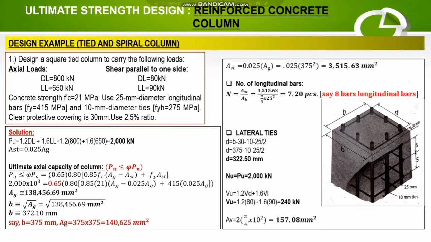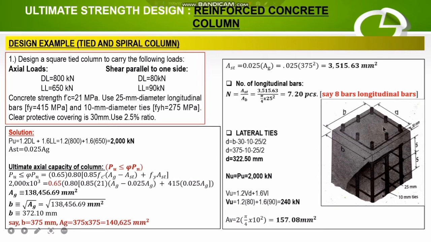Then the AV, or the area of the cross ties along the column cross-sectional dimension. So A sub V is equal to 2 times pi over 4 times 10 squared, which is equal to 157.08 mm squared. So this AV is derived from the area of one leg of the lateral tie and another leg of the lateral tie.